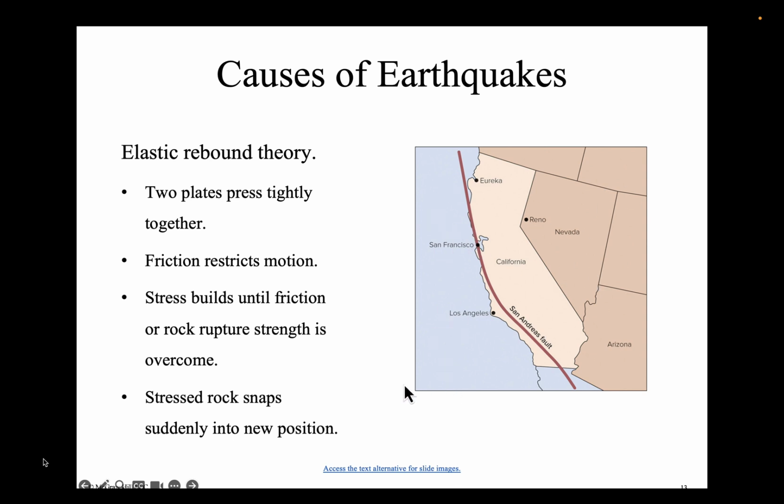So there, you have two plates that are tightly together, and what's generally happening is that those two plates are causing some friction onto each other, and that friction usually prevents the motion of these plates. However, if the stress builds up, that can win over the friction force or even over the rock rupture strength.